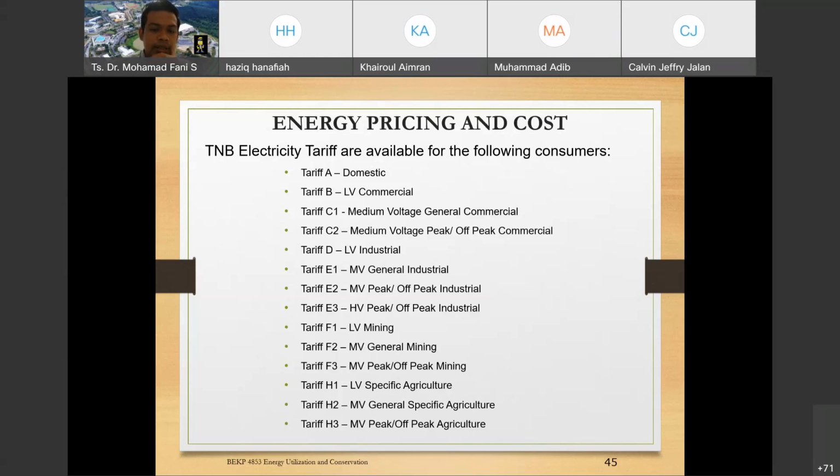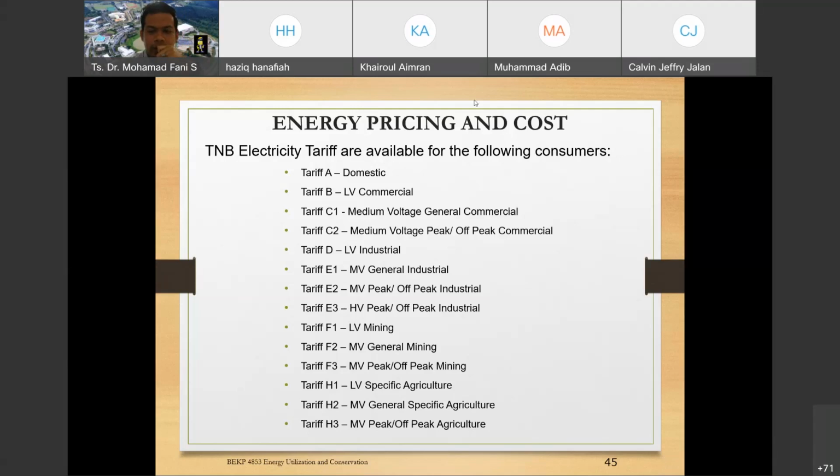You calculated based on the C2, and also for E2 and E3. TOU, time of use. Okay, D, LV industry, E1, E2.